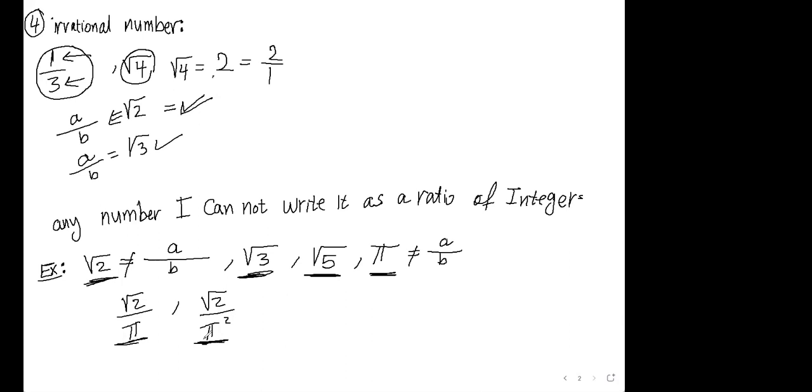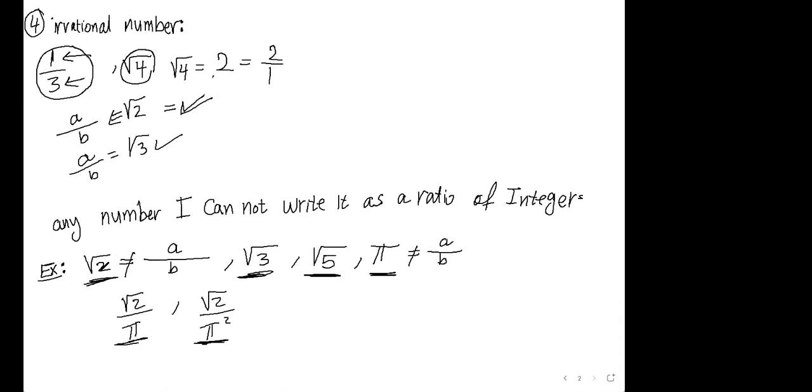So wait, that means it's not rational? No, they are irrational numbers. Why? Because I cannot write them as a fraction A over B. I cannot find integers A and B that equal the square root of 2.